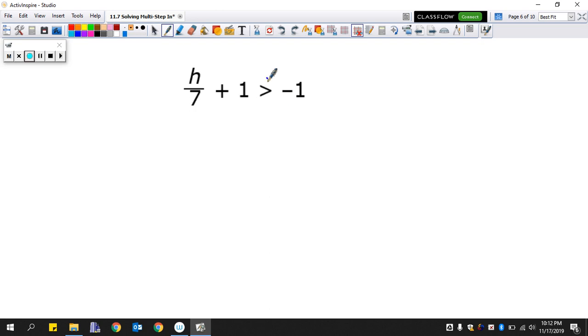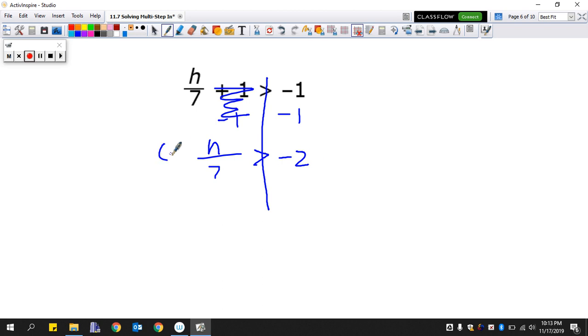Next example, we have addition and we have division. So the inverse operation for addition is subtraction, so minus 1 cancels out. H divided by 7 is greater than -1 minus 1, which is -2. Okay, so we multiply both sides by 7.